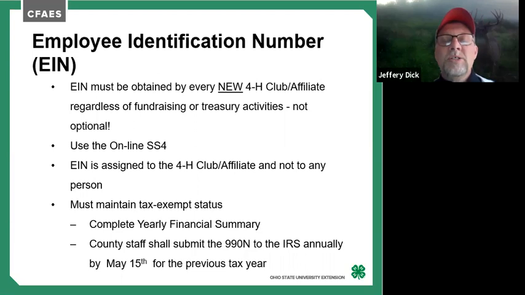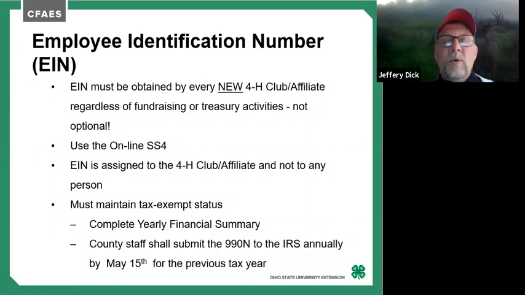Those are not attached to the club. This is how the Internal Revenue Service determines that you are a real person requesting this EIN number for your 4-H club or affiliate. Additionally, of course, you're maintaining tax exempt status by completing a yearly financial summary. That's an oversight that our extension offices must have of all 4-H clubs and affiliates.